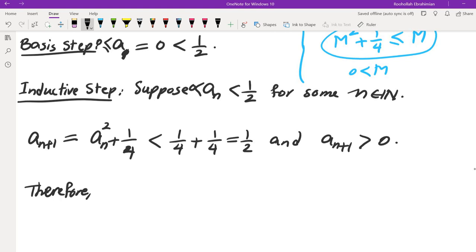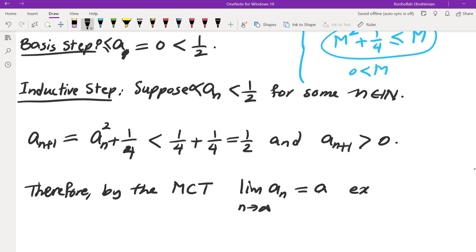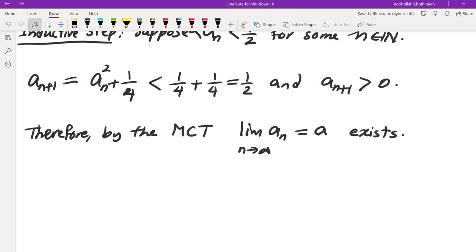Therefore, by the Monotone Convergence Theorem, the limit of a_n exists. So let's say the limit of a_n equals a. So now we know that a_{n+1} equals a_n squared plus 1/4. We're going to take the limit of both sides.